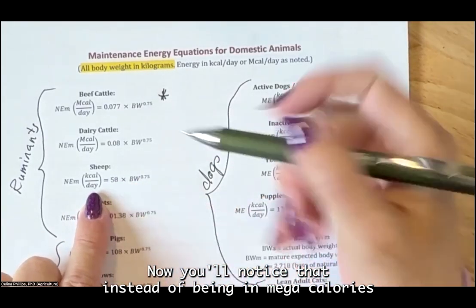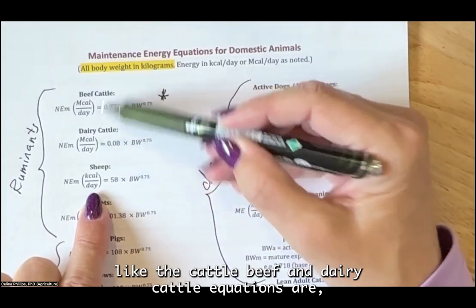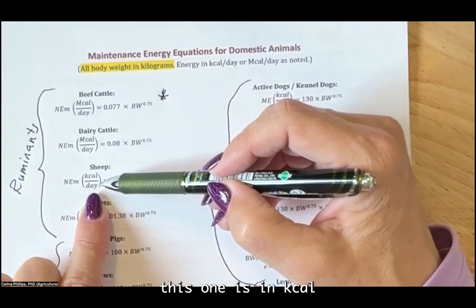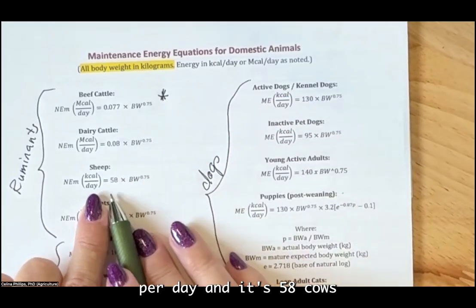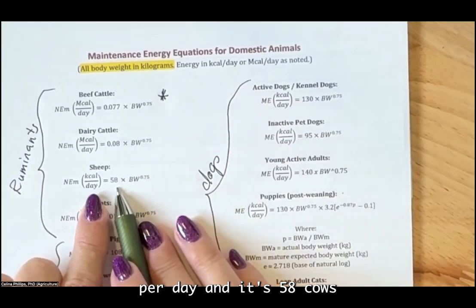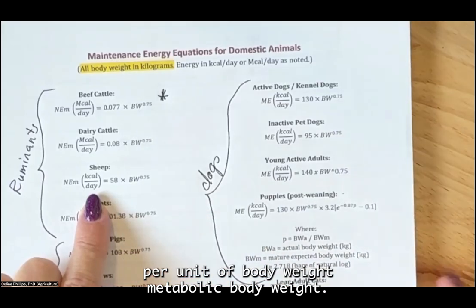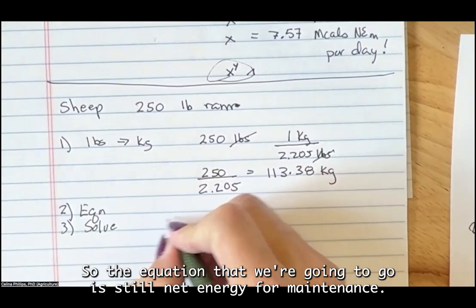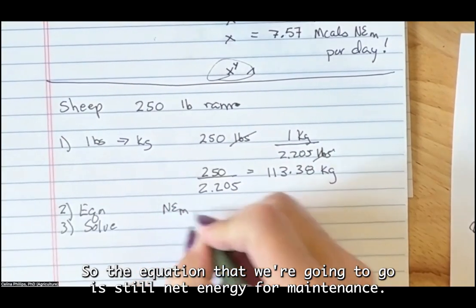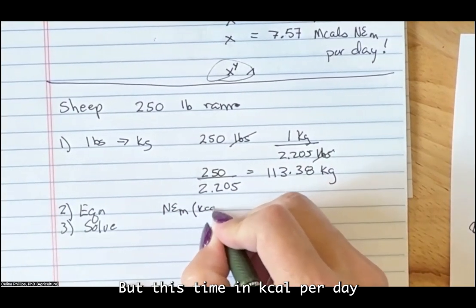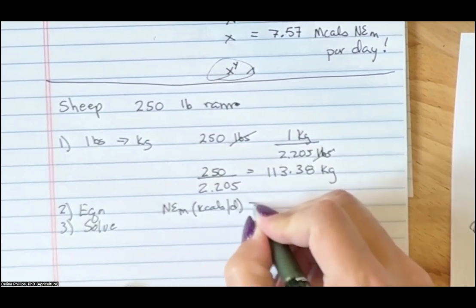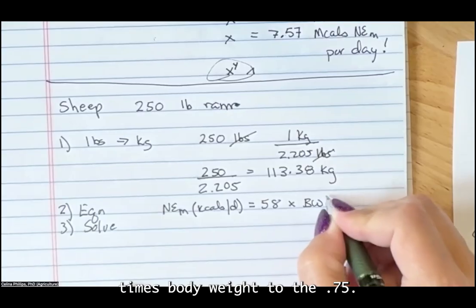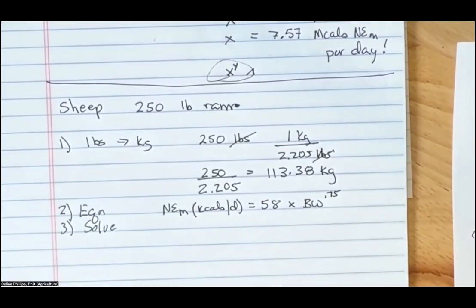Now you'll notice that instead of it being in megacalories like the beef and dairy cattle equations are, this one is in kcals per day, and it's 58 kcals per unit of metabolic body weight. So the equation is still net energy for maintenance, but this time in kcals per day is equal to 58 times body weight to the 0.75.